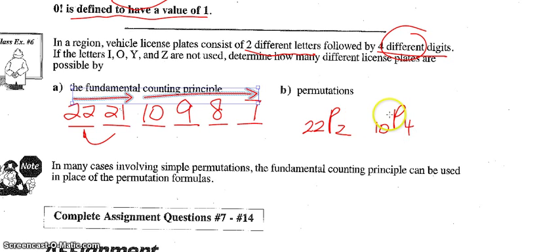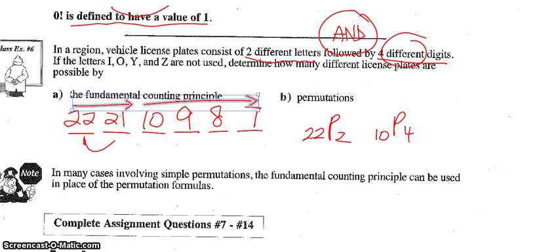And since your license plate is formed by two letters and four digits, when we say and, do we multiply or plus? When we say and, we multiply. So you multiply these. So these two will give you the same answer. Basically, these two things are the same.